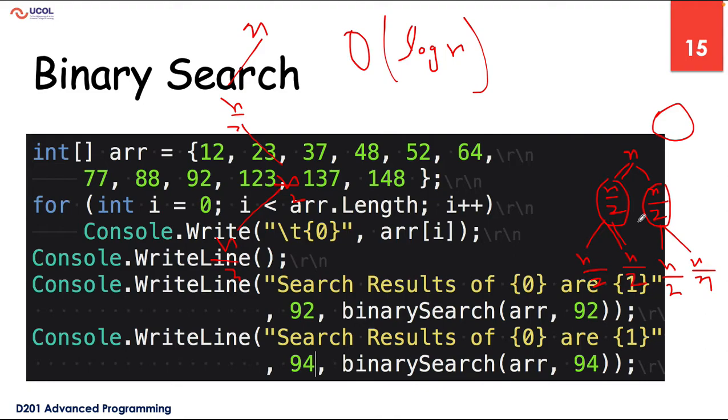Every time we have 2 possible ways and we only follow one, and the maximum level you can go is log base 2 of n. In a binary tree the maximum depth is log base 2 of n, and that is the maximum number of times we execute the while loop. So that's why the complexity becomes log of n.